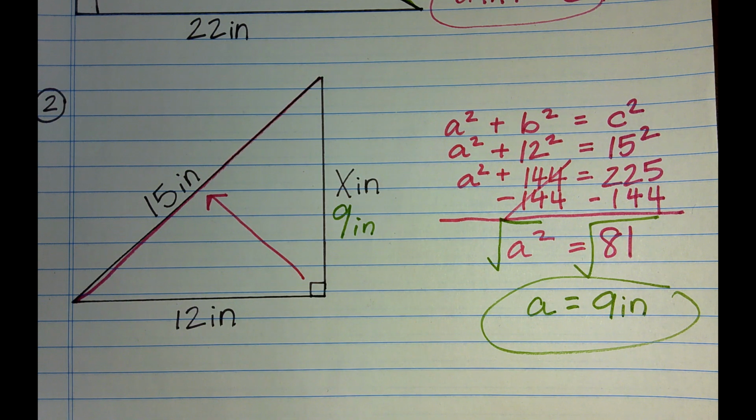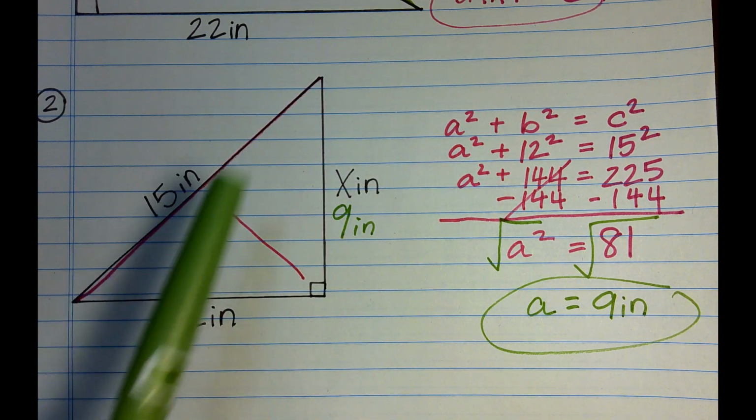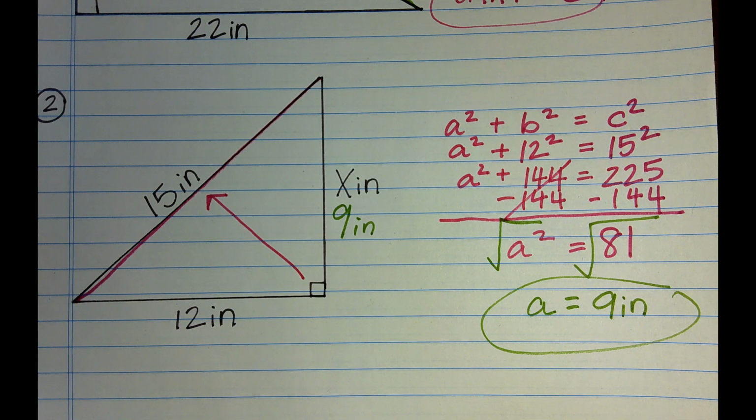How many of you got number 2 right? Second try? This one is tricky. We have to remember that C is always the hypotenuse, the longest side, the one across from 90. That's the main rule that we have to remember when we use this formula, or this theorem.